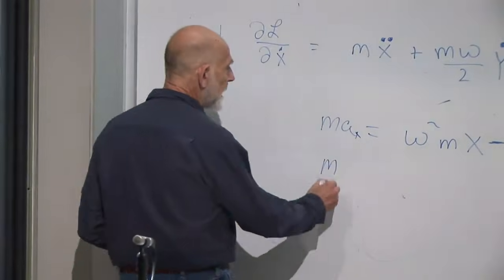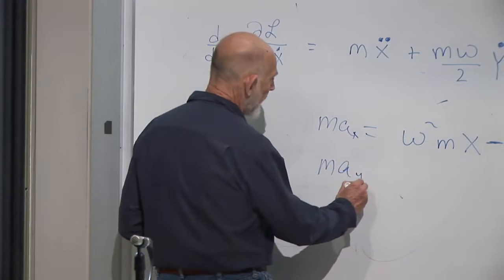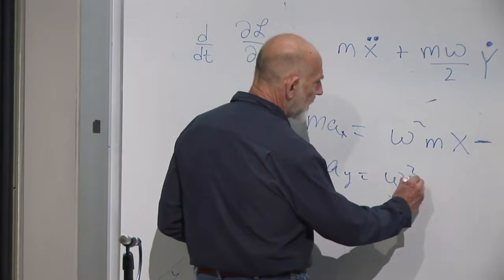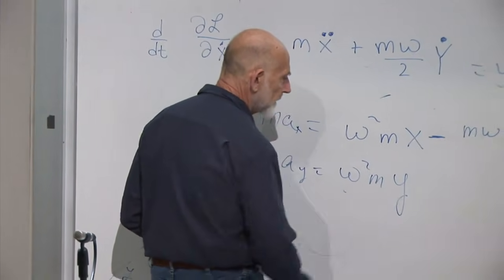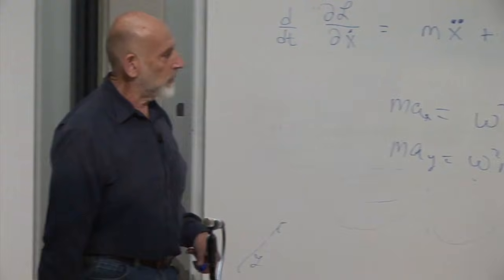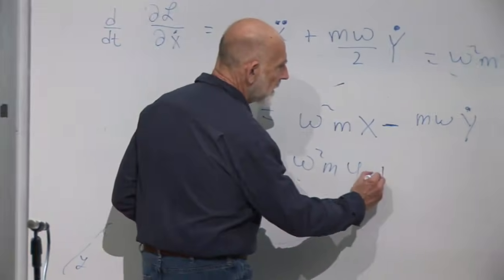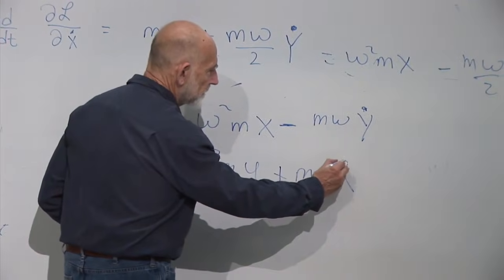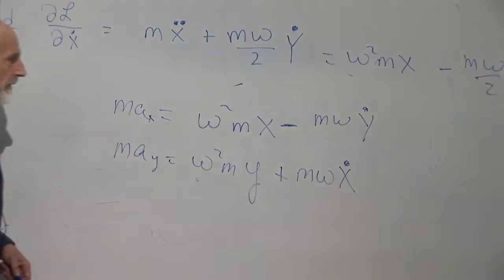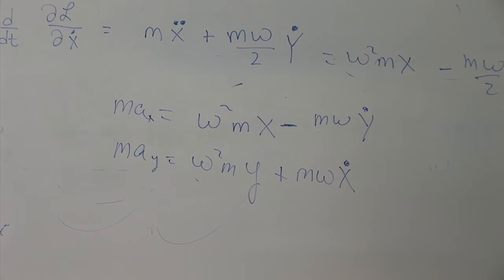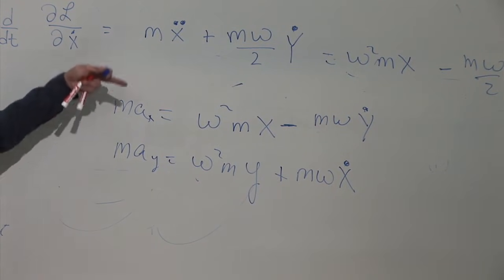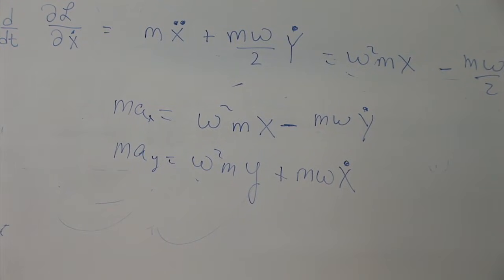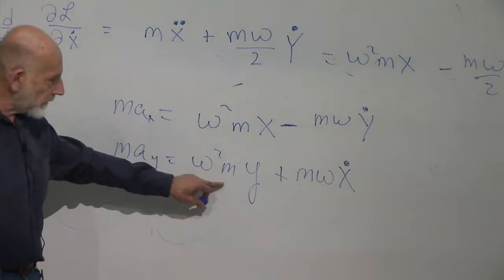What about the y component of the equation? It's m a sub y, or m y double dot, is equal to omega squared m times y, this is capital Y, and then plus m omega x dot. Okay, so there's an effective force seen on the rotating turntable or on the carousel, which is centrifugal force.